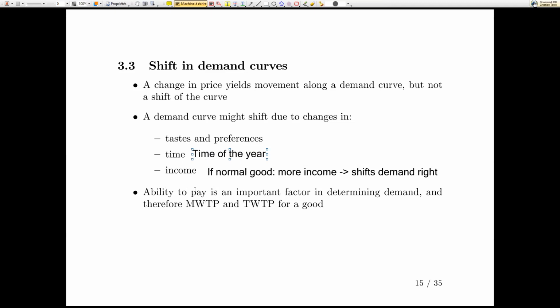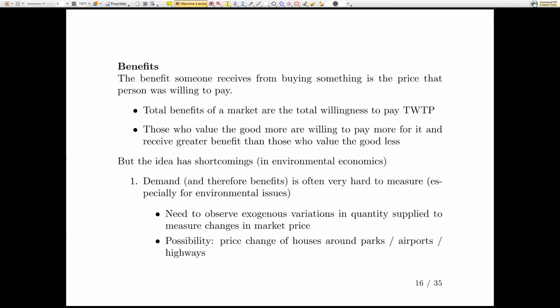So ability to pay is an important factor. That's income, obviously, in determining demand. It determines marginal willingness to pay and total willingness to pay for a good, of course. And how does that link to benefits? Well, so far we have just said, what if it's a private good that you buy, such as organic apples or something else?